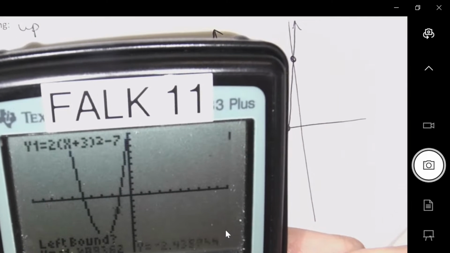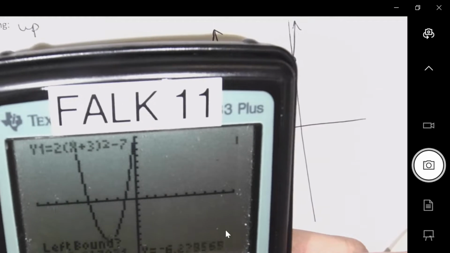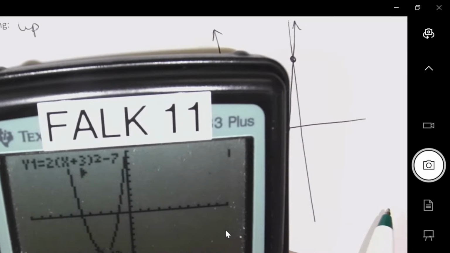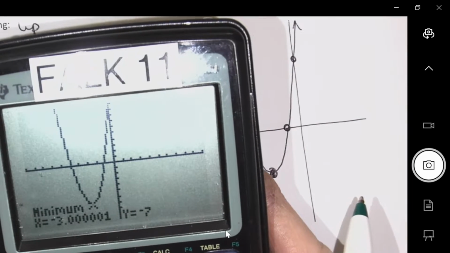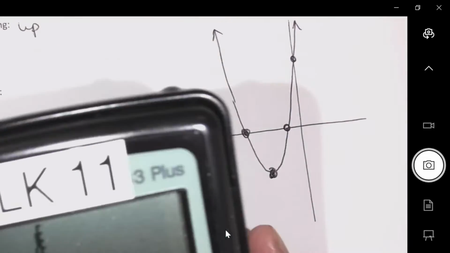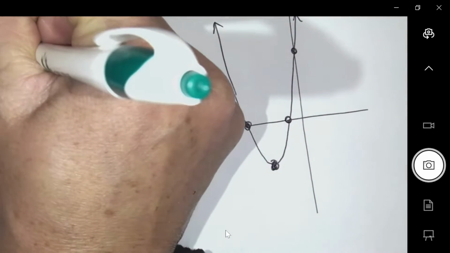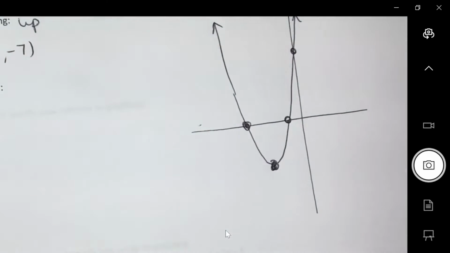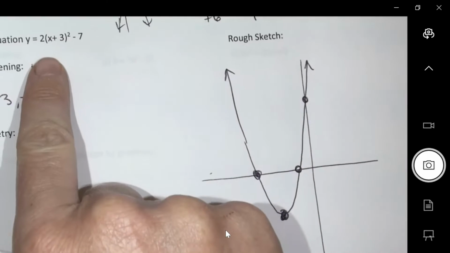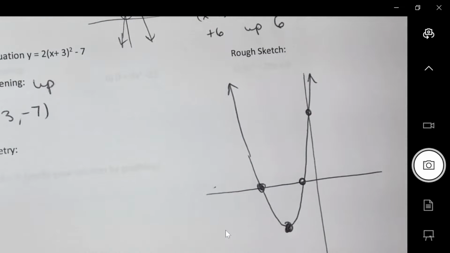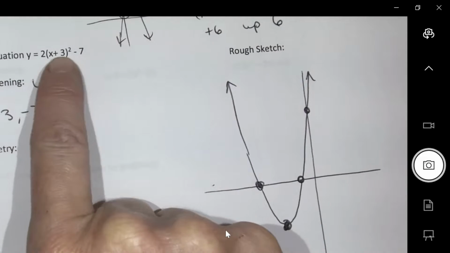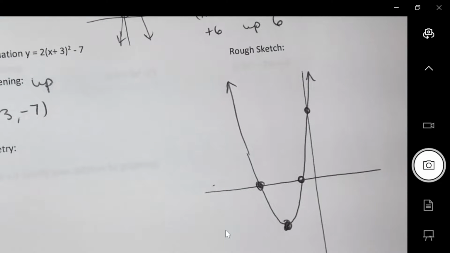So that's where you can move your mouse left, enter, right, enter, enter. So -3, -7 is what I got. And I kind of knew that already because I looked at these numbers: left 3, down 7. I remembered that from the last question. This goes left 3 and this goes down 7. And that's what it did.